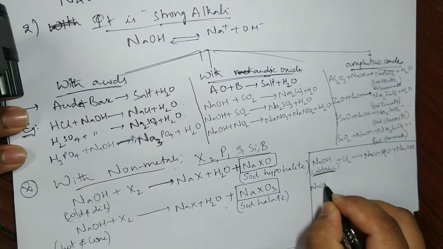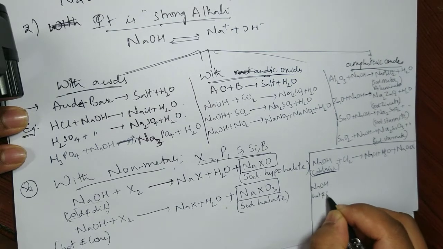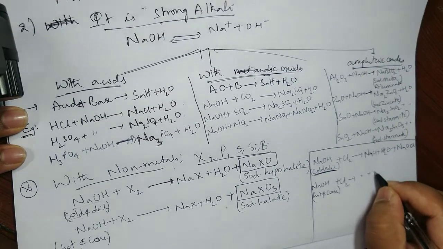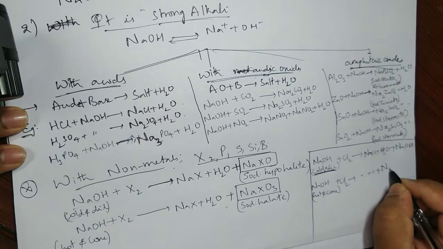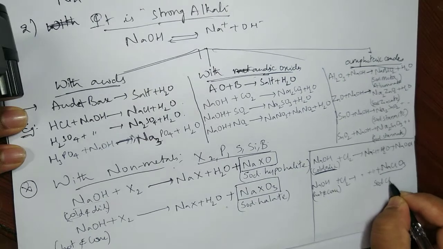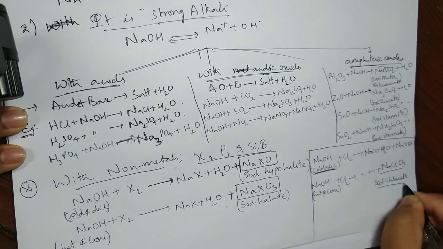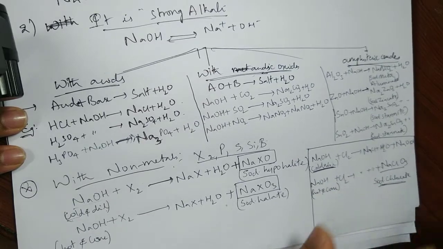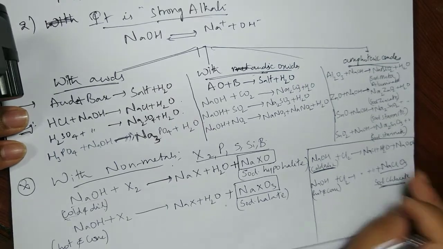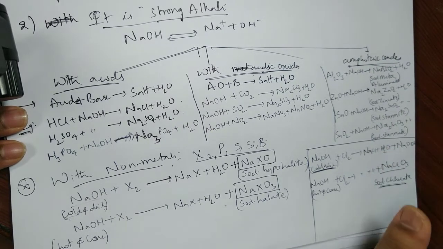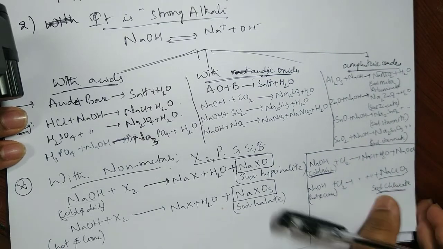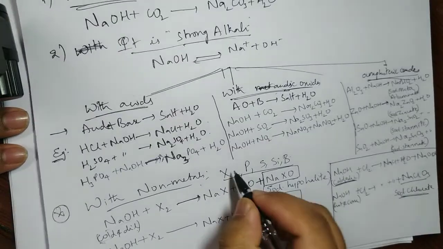Suppose I treat NaOH hot and concentrated with chlorine, of course same salt plus water plus what is the main thing? NaClO3, sodium chlorate. With bromine, with iodine, the same thing. With fluorine we don't have the reaction. Fluorine is very much reactive, whatever water is coming up, it is burnt. So with chlorine, bromine and iodine the following reactions take place. So with halogen is done.